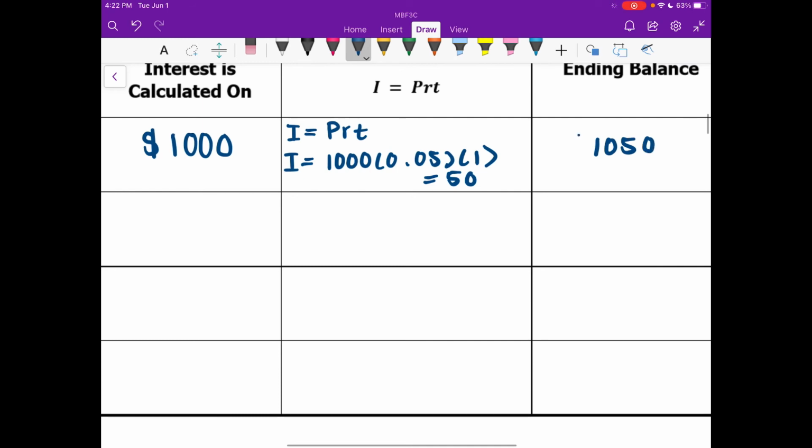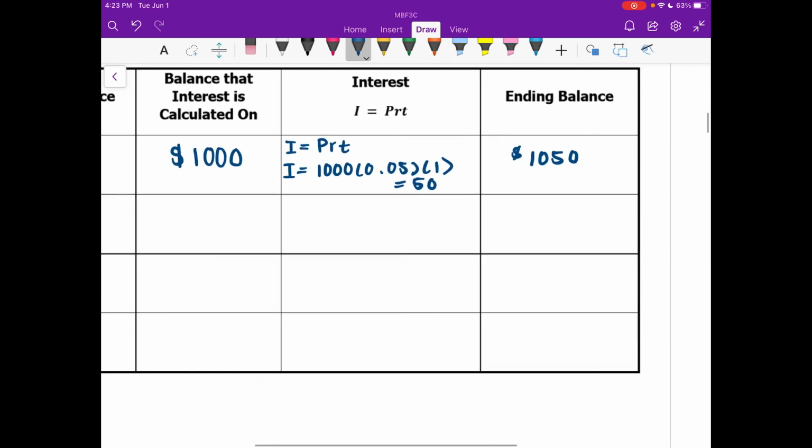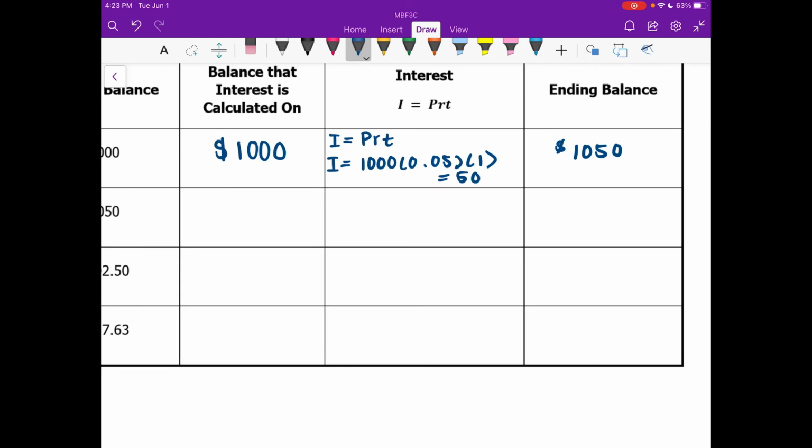Now, instead of charging it back on that 1,000 you had originally invested, what the bank does now is it just reinvests your new balance. So instead of being calculated on the 1,000, you're calculated on the 1,050 now, right?